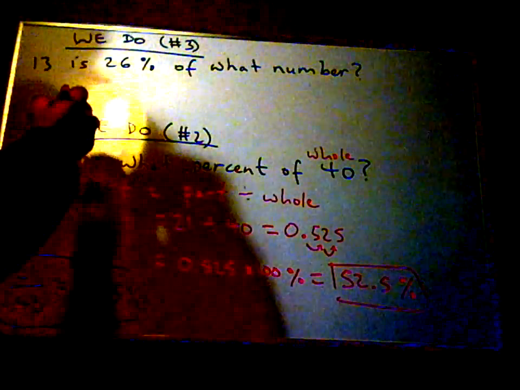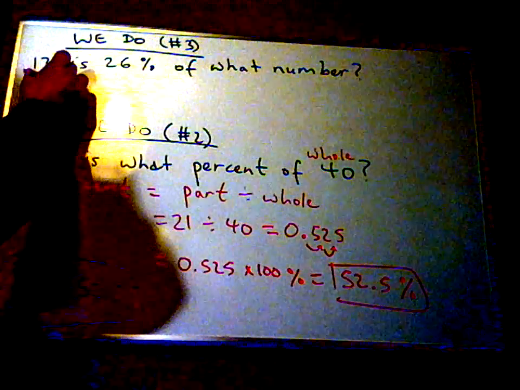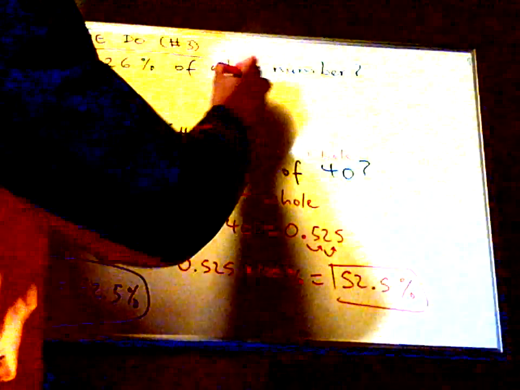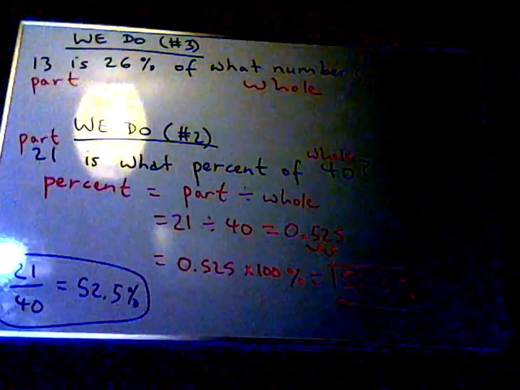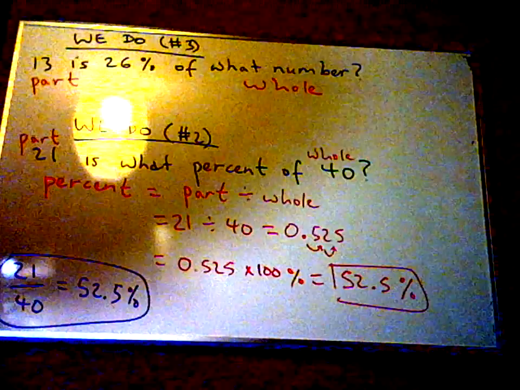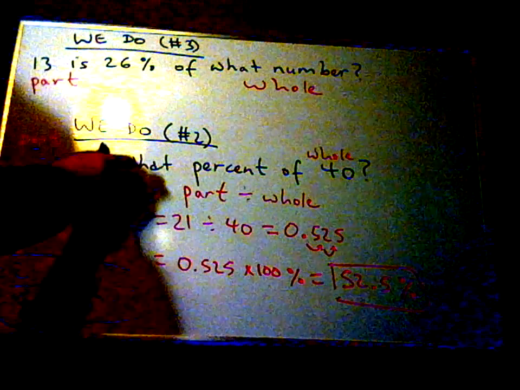So here 13 is the part. The what number we don't know is the whole. Okay, that's the number we don't know. That's the whole. And we are going to find the whole.